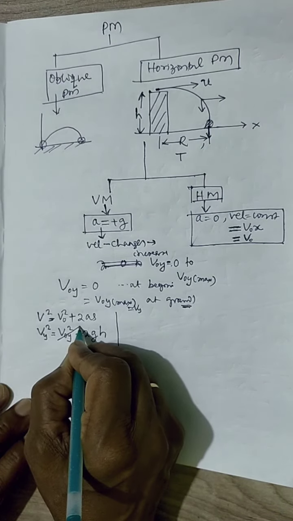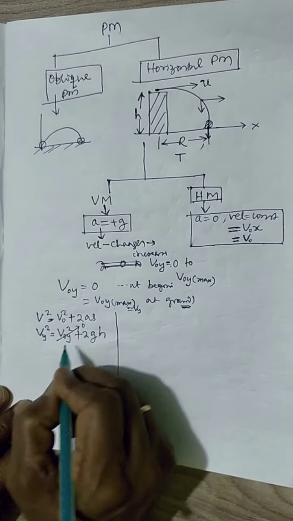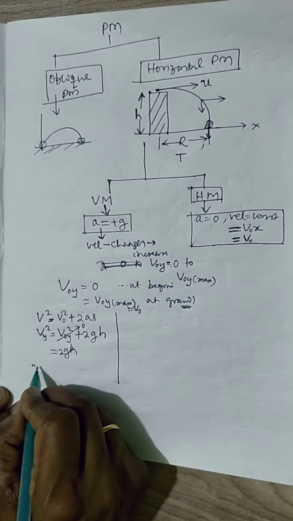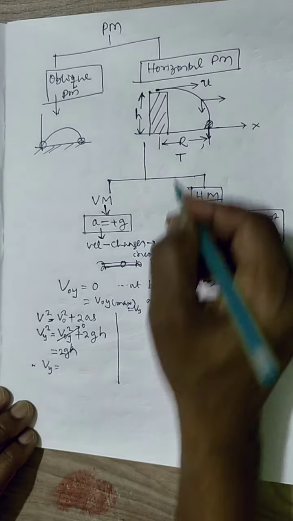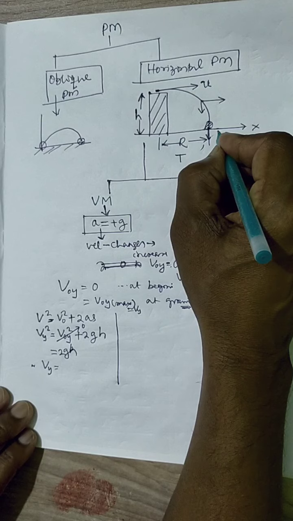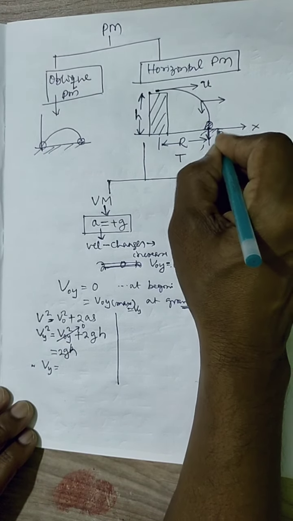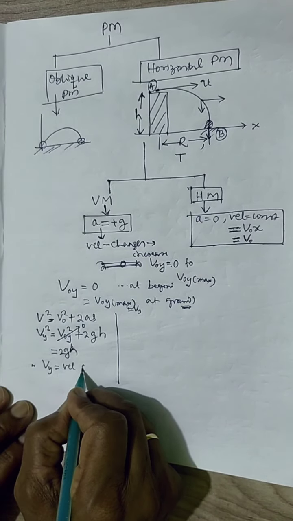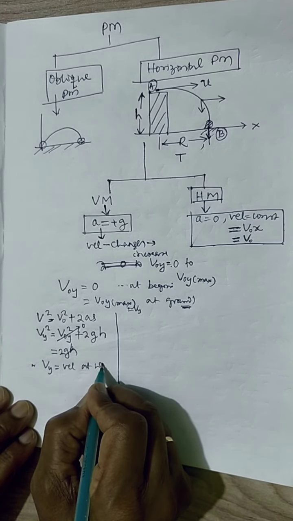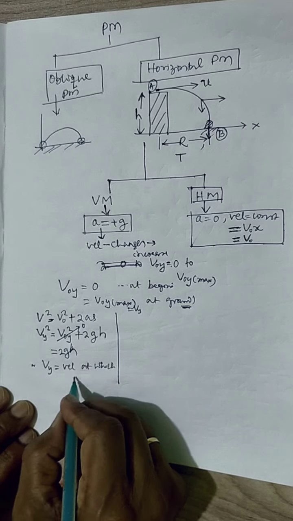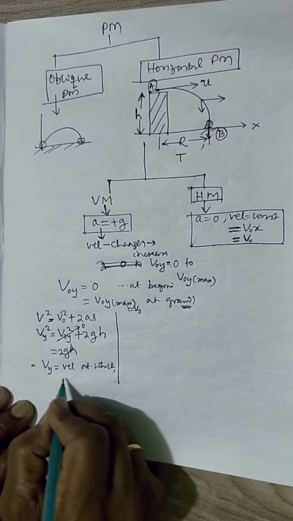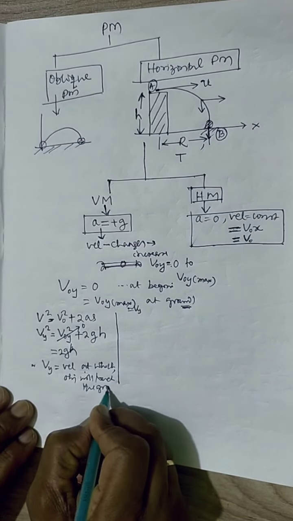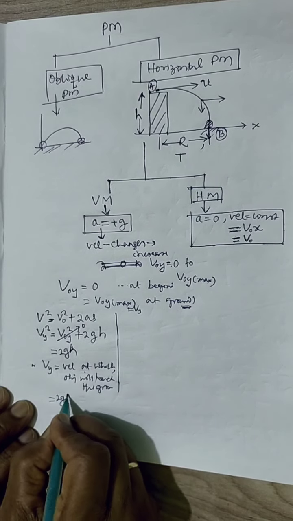The initial velocity along the y direction is 0, so it becomes vy square equal to 2gh, or vy equals root 2gh, the velocity with which the object will touch the ground.